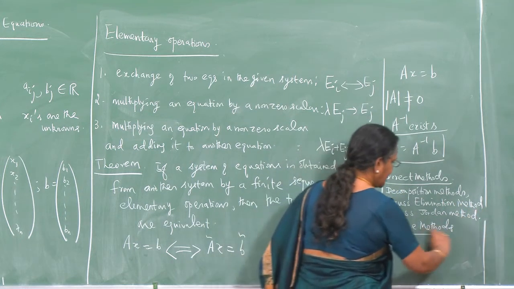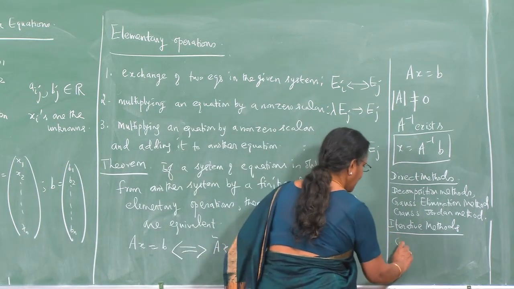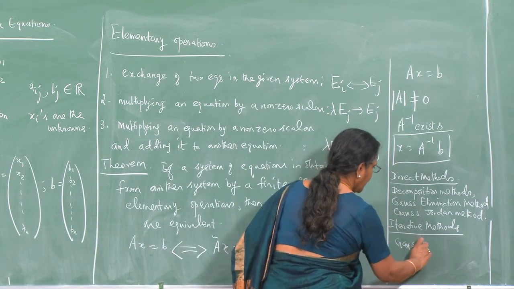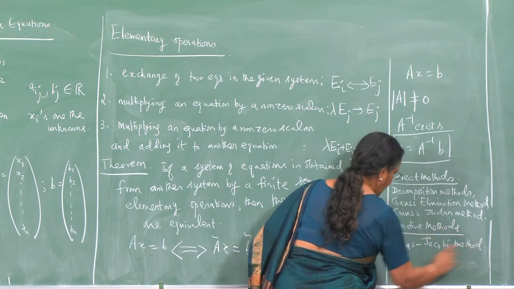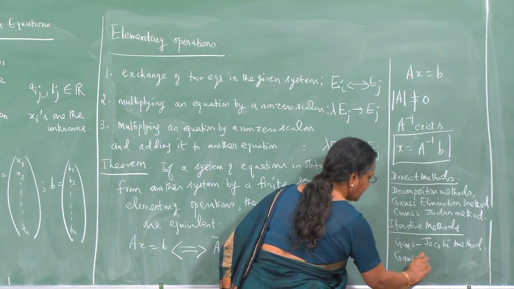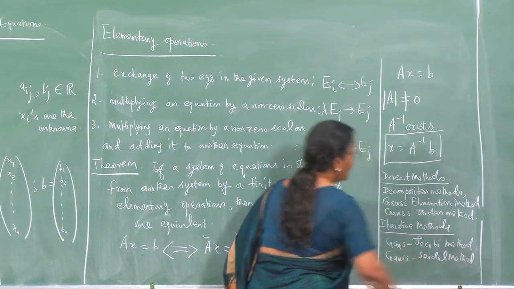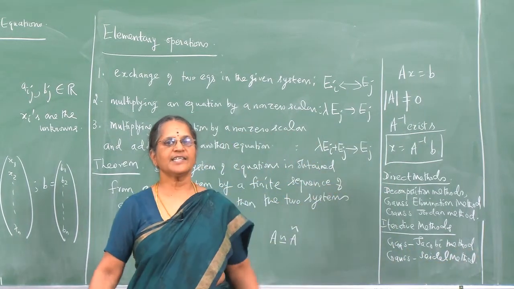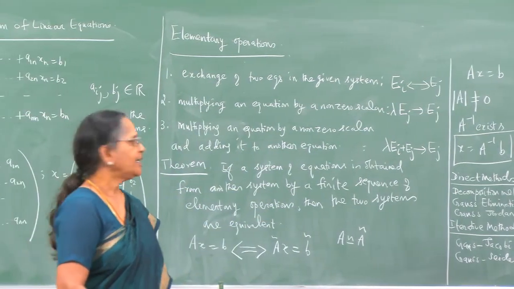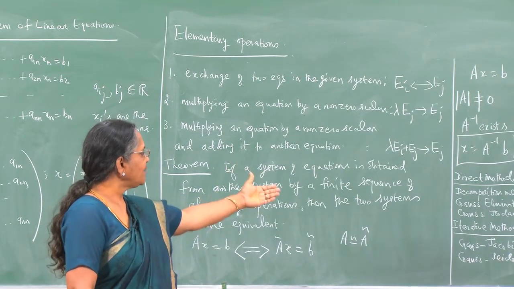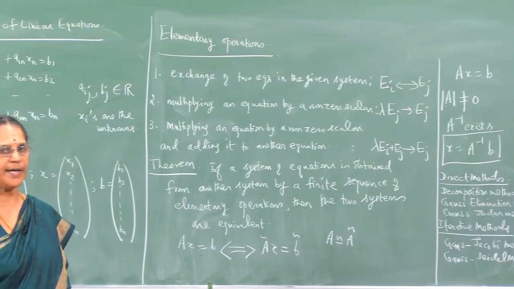Whereas, in the case of iterative methods, we shall consider methods such as Jacobi and Gauss-Seidel methods. So, these are different methods that we are going to develop in the next few classes, and try to see how these methods can be used in solving a system of equations Ax is equal to B.